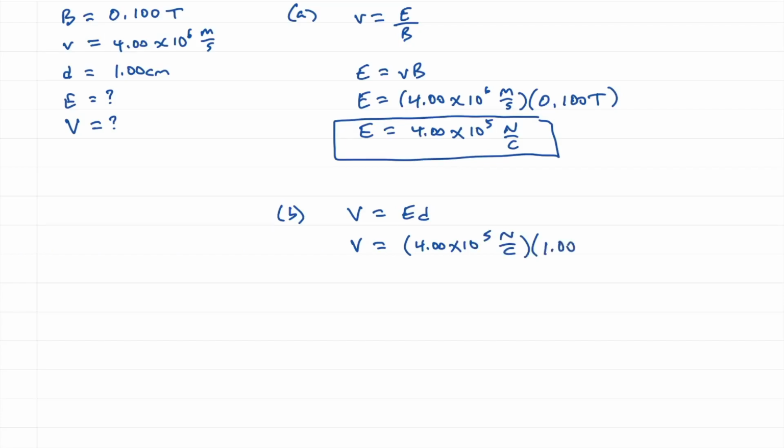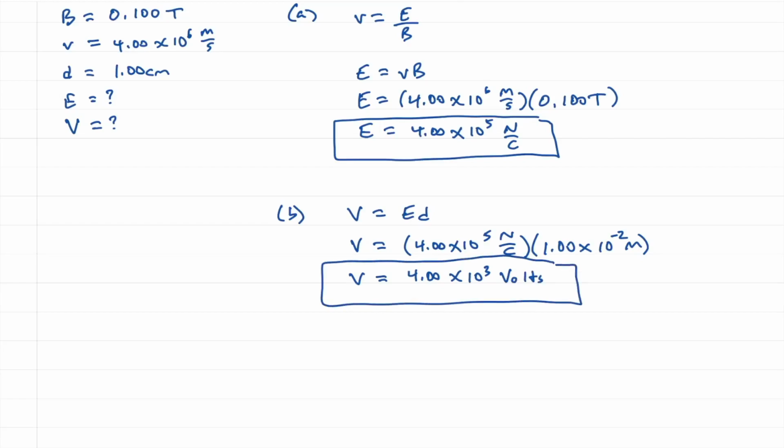We're going to change the c into a times 10 to the minus 2 meters. This is going to give us a voltage of 4.00 times 10 cubed volts. And we can write out the word volts so that isn't confusing. But that is that problem.